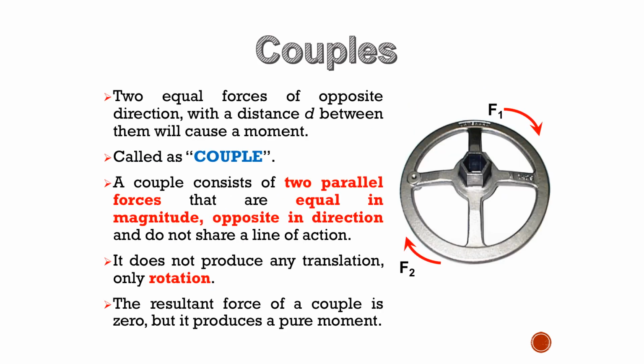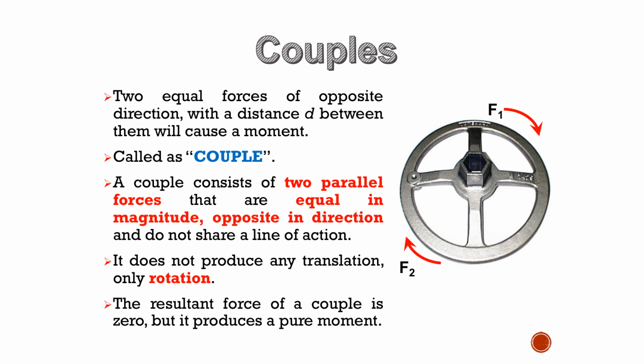What does it mean by couple? A couple is not a normal couple like girlfriend and boyfriend. It is definitely a different thing. I can give you an example. A couple is something like when you drive a car and you have a steering wheel.